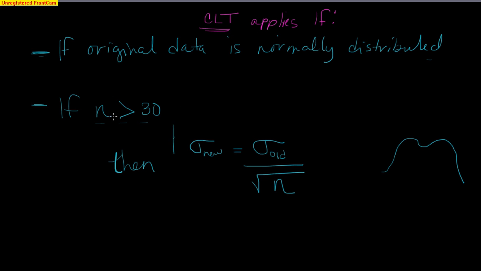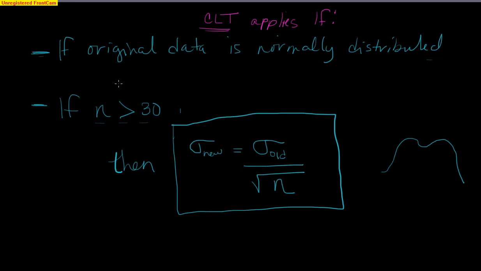And when that happens, this is really all that you need to remember. It works the same way as the previous problems. It's just you have to find that new standard deviation, which is affected by the size of the sample.